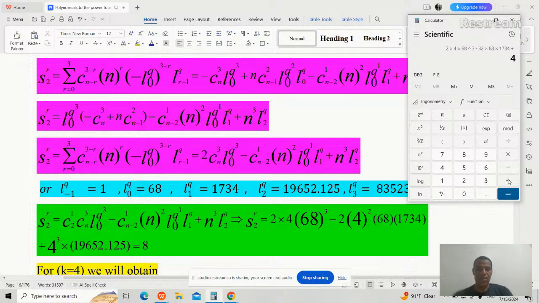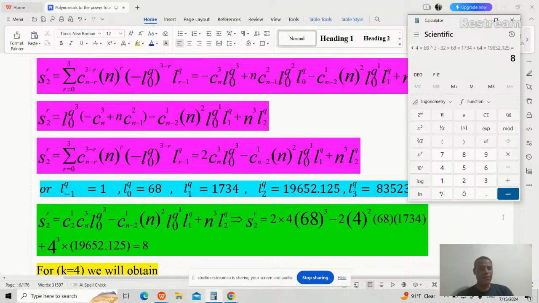Okay, 64 plus 64 times what, learners? Times 19,652, 0.125. This one has to be equal to 8. You see the value of S2 here is equal to 8. You can use a calculator and you'll find the value 8.